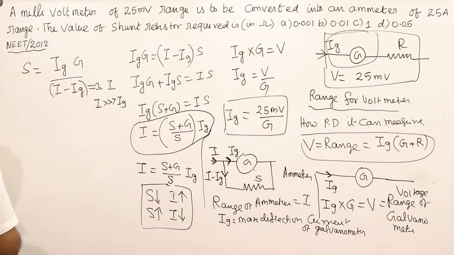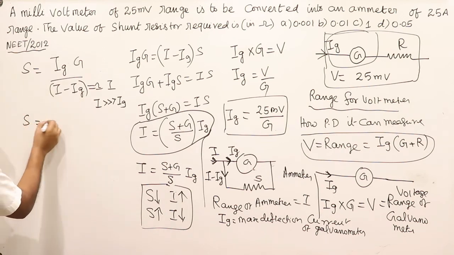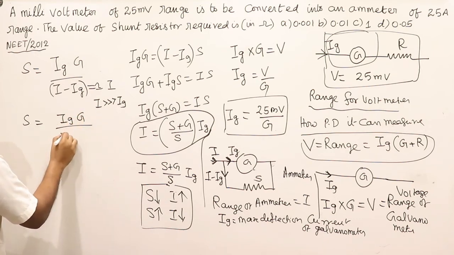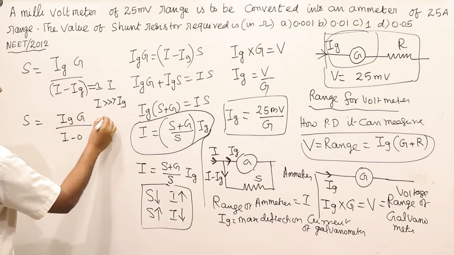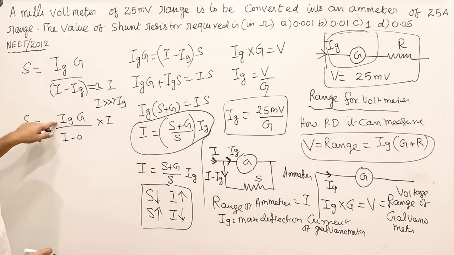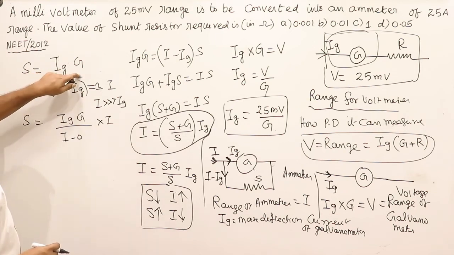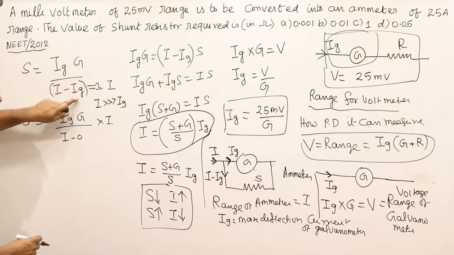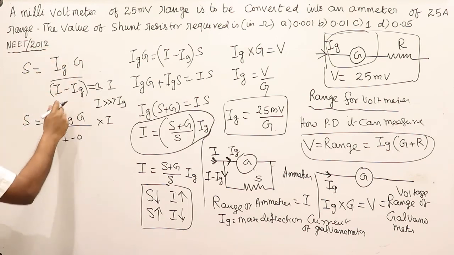Therefore Ig can be neglected. Therefore S is equal to Ig into G divided by I. Don't ask why I cannot be made 0, because it is multiplied with something, and 0 multiplied by something becomes 0. So this we cannot remove, but this we can remove and substitute as 0.